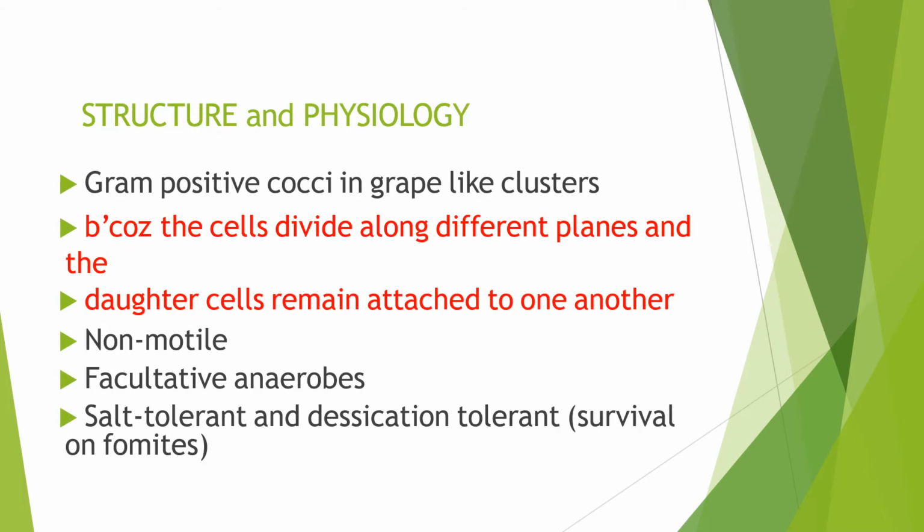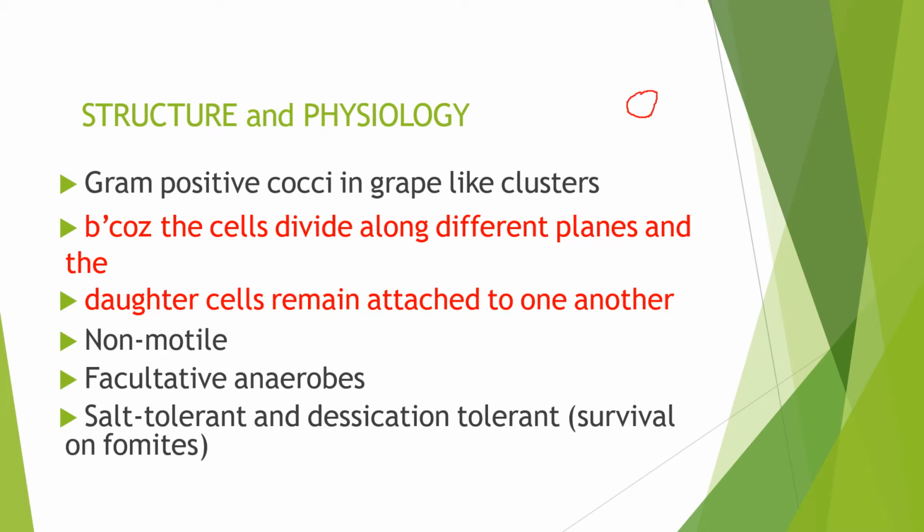Then moving on, we are going to tell about the structure and physiology of staphylococci. Here we can see it is a gram positive coccus with a grape-like cluster pattern. Why do these grape-like clusters form? This is your question.